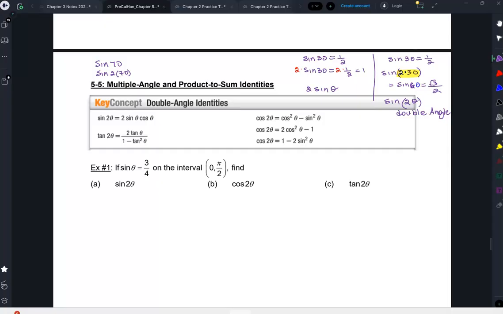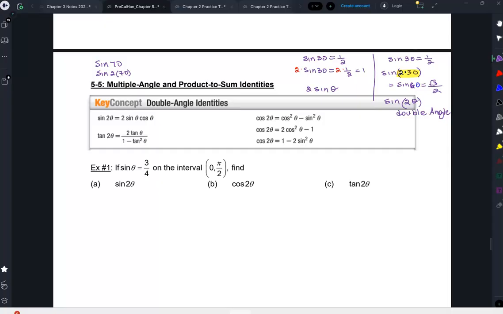With sine it doesn't matter, but with cosine it would definitely matter, right? It would go from positive to negative. So cosine 70 would be positive, but cosine of 2 theta would now be negative. So there is a sign change there, and we need to watch out for that, okay?